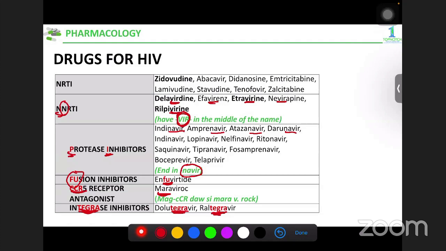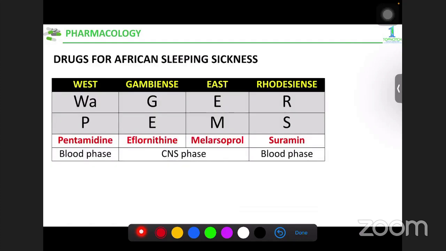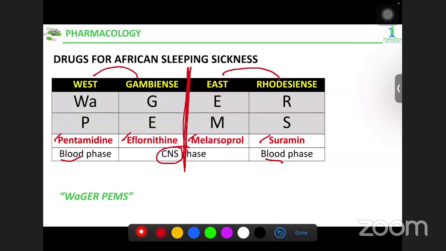Okay. So ito, mnemonic to since nung pharma kami, yung Mager pens, paano siya ina-analyze. So, sulat nyo lang kapag sa boards, Mager pens, West, Gambiense, East, Rhodesiense. Tapos tandaan nyo, yung gitna, CNS phase, gilid, blood phase. Then, mahirap kasi yung names ng gamot, di ba? Kasi hindi siya common. So, tandaan nyo na lang yung Mager pens.